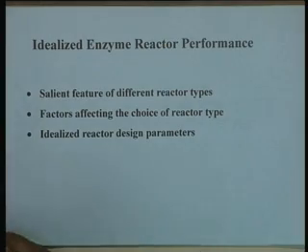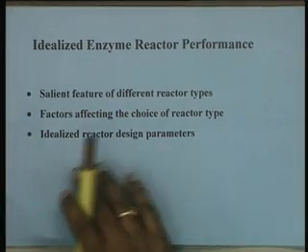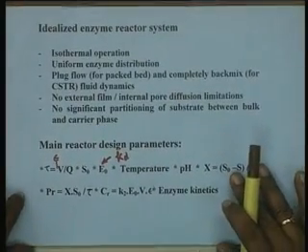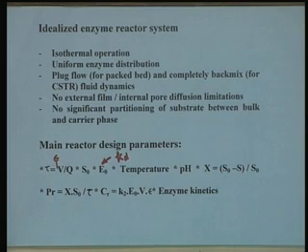Then last time when we were talking, we had also considered certain idealized reactor design parameters. That means, for design of a particular type of reactor, what kind of design parameters are important, and you will recall that we had also sort of hypothesized certain conditions or assumptions which define an idealized enzyme reactor system, and the assumptions were isothermal operation, delta H is very small, uniform enzyme distribution, plug flow behavior or completely back mix behavior.